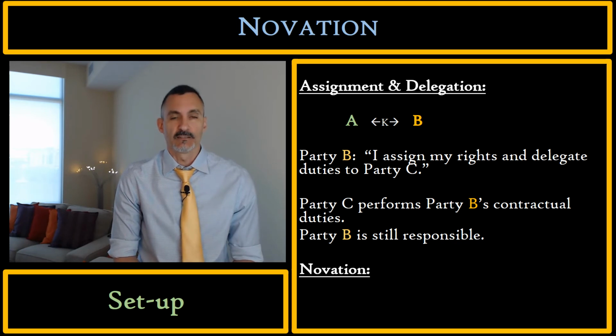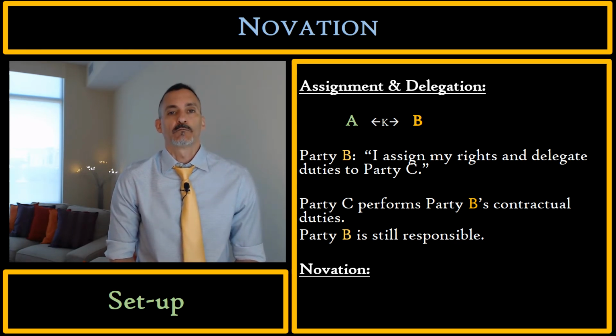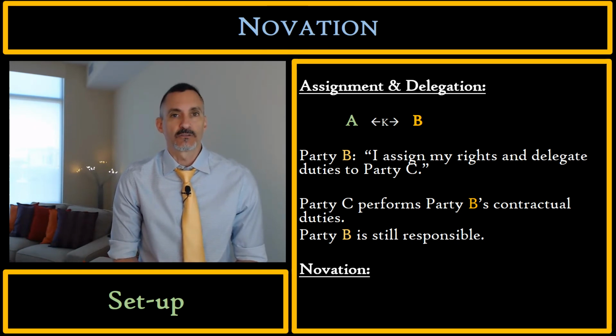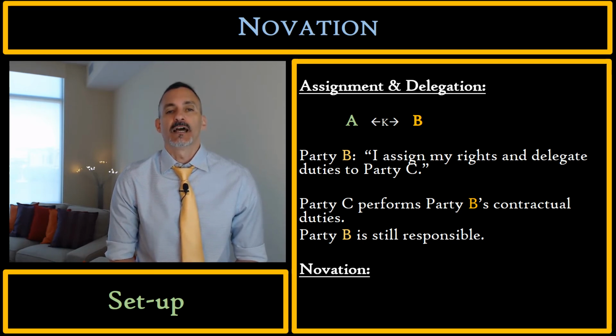Party B says, "I assign my rights under the contract and I delegate my duties under the contract to Party C." Party C now is the delegate or delegatee, and Party C performs Party B's duties under the contract.